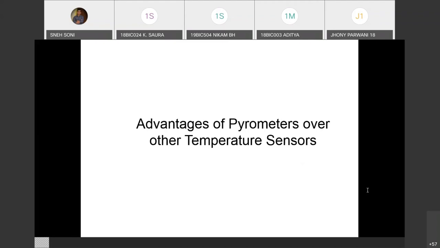Right, so here it is remote, you can monitor. So you can also use it for the temperature measurement of moving objects along with stationary objects. Okay.